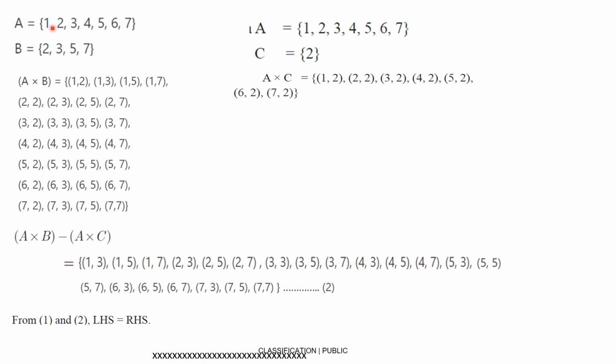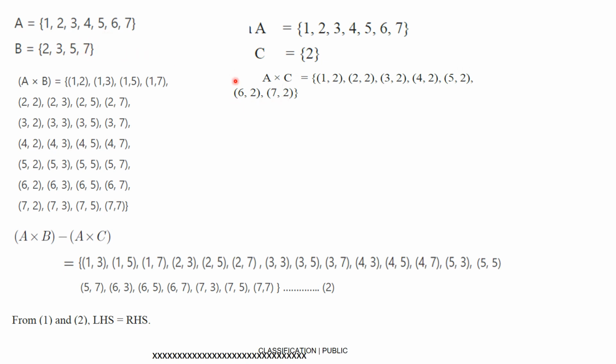So you pair it as usual: (1,2), (1,3), (1,5), (1,7). Next (2,2), (2,3), (2,5), (2,7). Next (3,2), (3,3), (3,5), (3,7). Next (4,2), (4,3), (4,5), (4,7). Next (5,2), (5,3), (5,5) and (5,7). Next (6,2), (6,3), (6,5), (6,7). Next (7,2), (7,3), (7,5), (7,7).